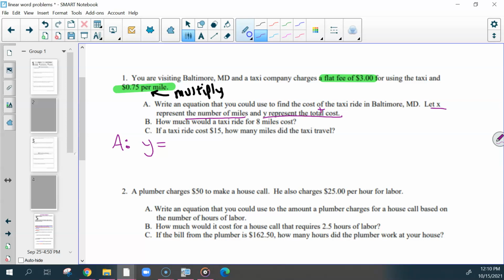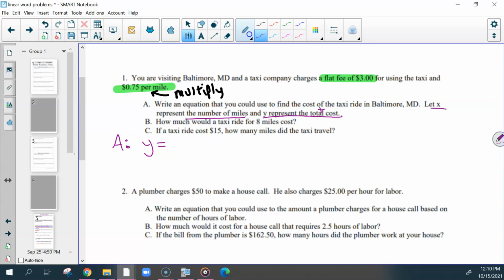So are we adding, subtracting, multiplying, dividing? Multiplying what? And that number is going to be our X. Yeah.